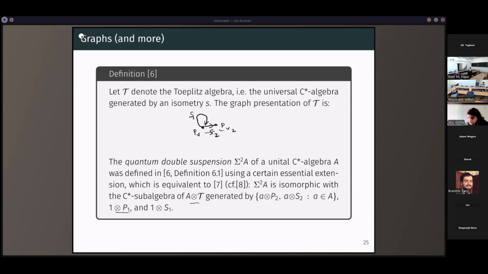So this is strictly a subalgebra of A tensor T because we are not using all of the generators of T, but some of them. So this C-star algebra is the quantum double suspension. This is just a subalgebra of the tensor product. And because the Toeplitz algebra is nuclear, the choice of tensor product does not matter.